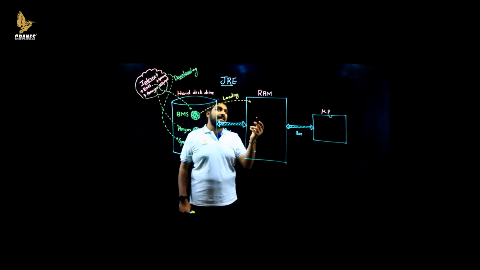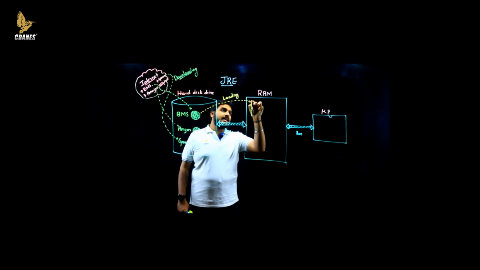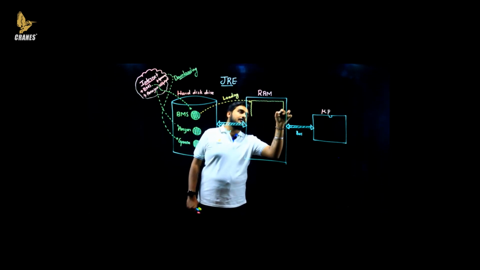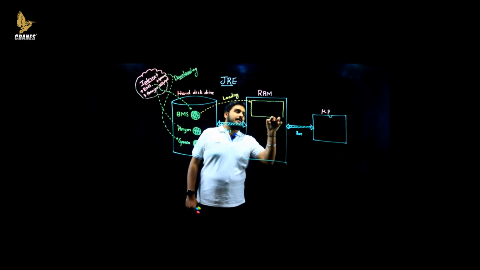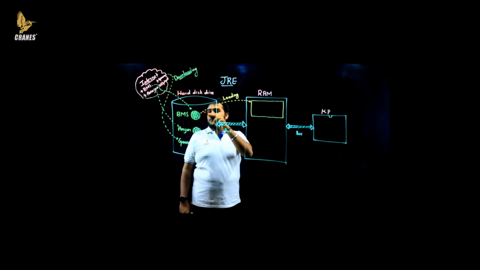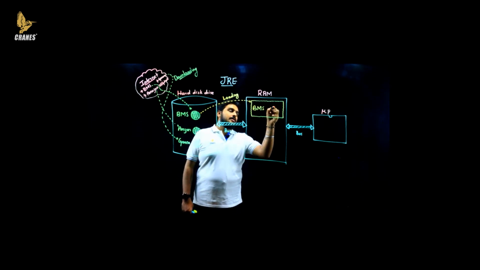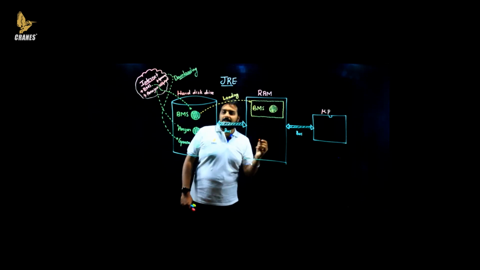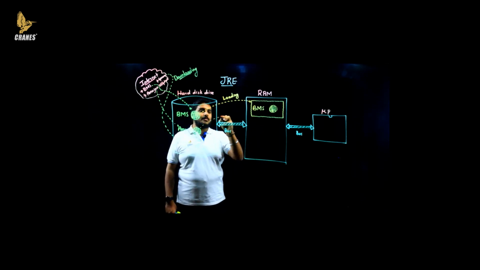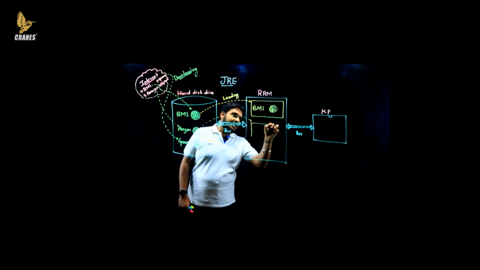So what is happening is, as and when this application is coming, one memory region is getting created on your RAM for execution of this particular application called Book My Show. This is your Book My Show application. Similarly, for your Amazon also, one region of memory is getting created.